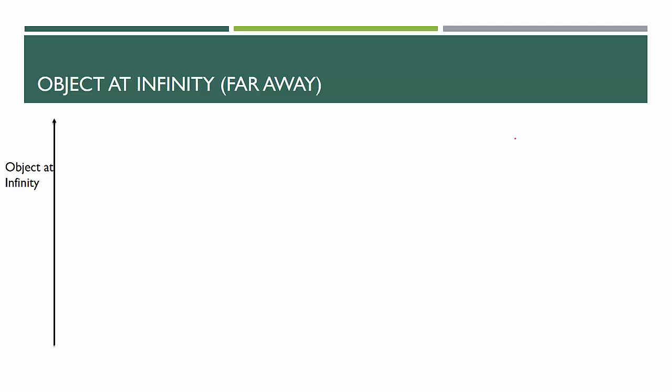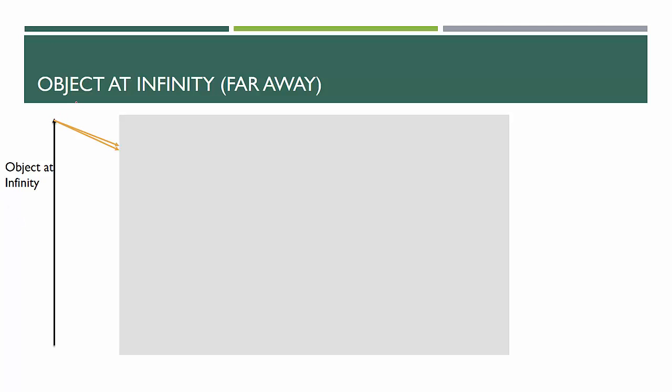Okay, the last category of distance is object very far away, considered to be infinity. So let's consider this huge object. Okay, this huge object at some very far away will emit some light rays that are not parallel.